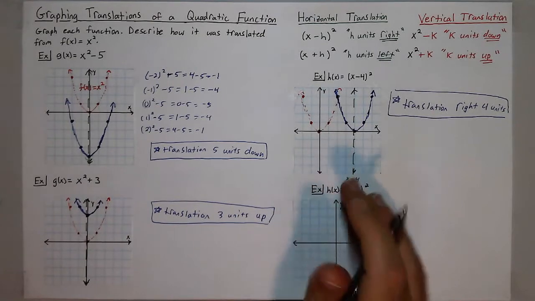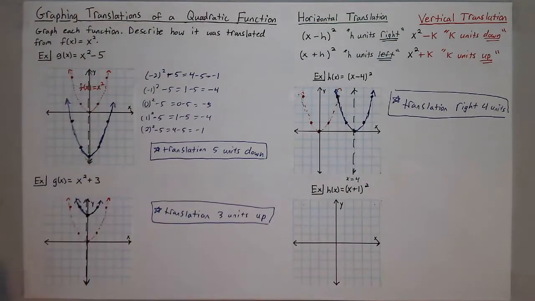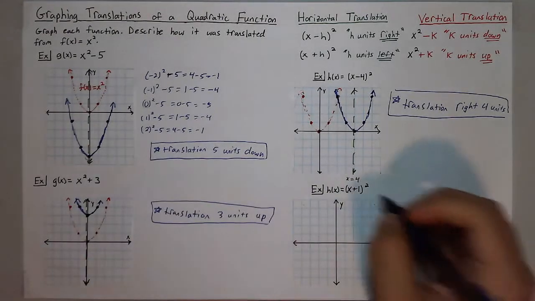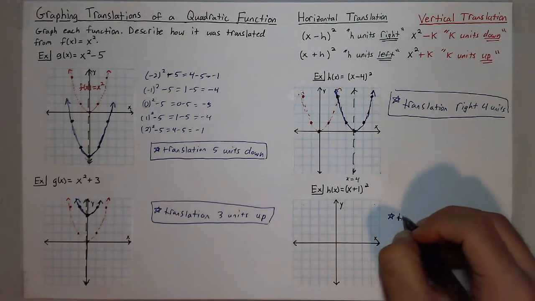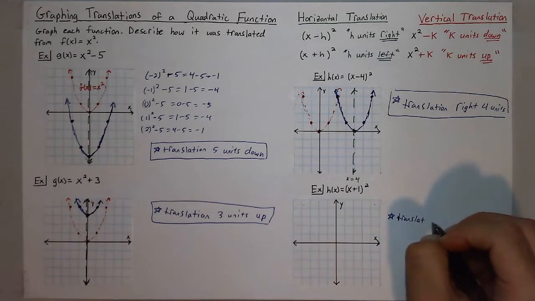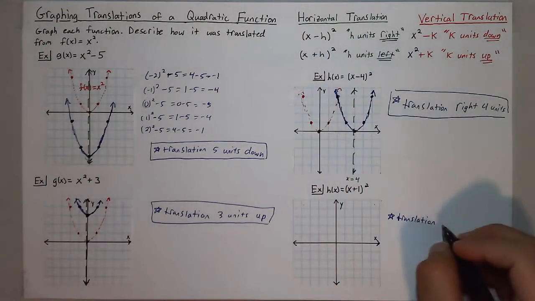So since we still will maintain this axis of symmetry, then when I graph this next function, first I indicate what the transformation is. So it's a translation. I'm adding on the inside, so left 1 unit.